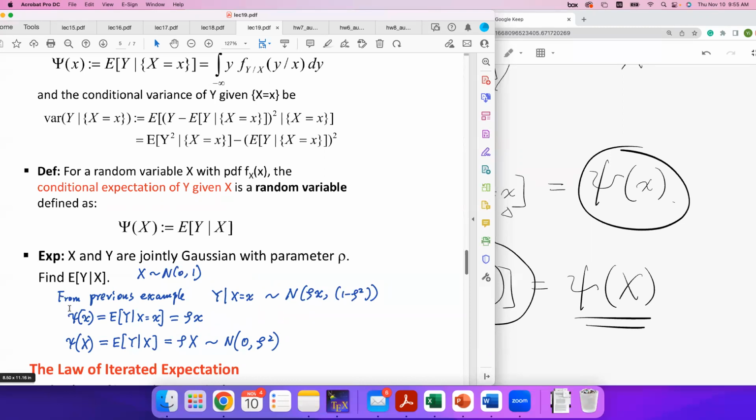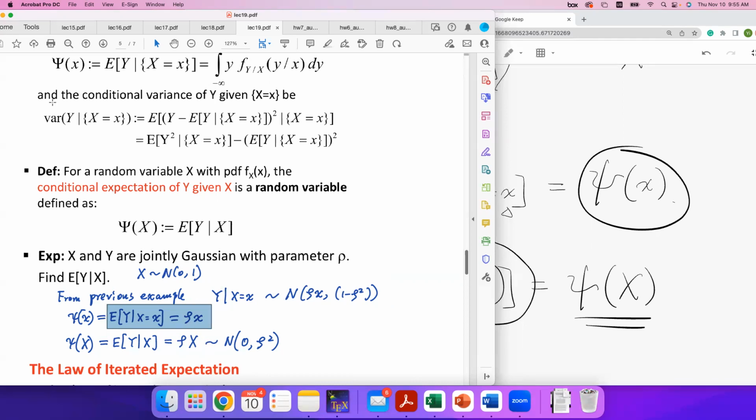And therefore, following this one, we can say that, okay, we know this PDF, right? So the expectation, which is the mean of this PDF, is basically rho times x. So this conditional expectation is rho times x.